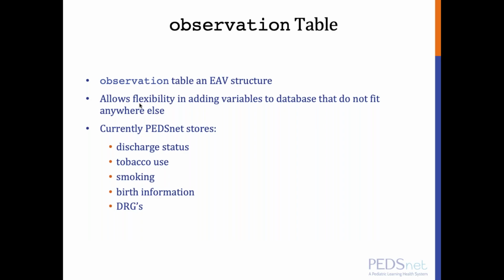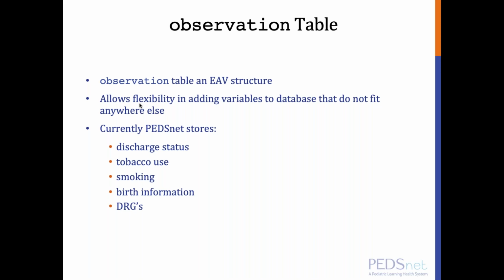The observation table is a flexible table. It's normalized so that you can add in whatever other things are just not quite captured elsewhere that you want to be able to capture somewhere in your data model.